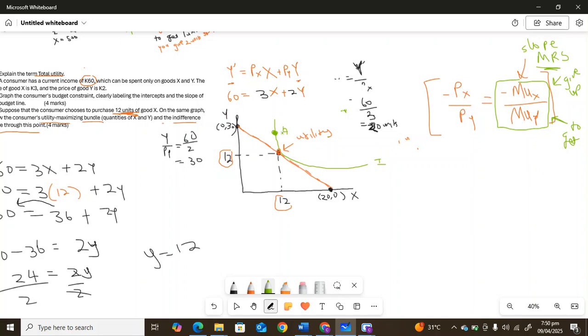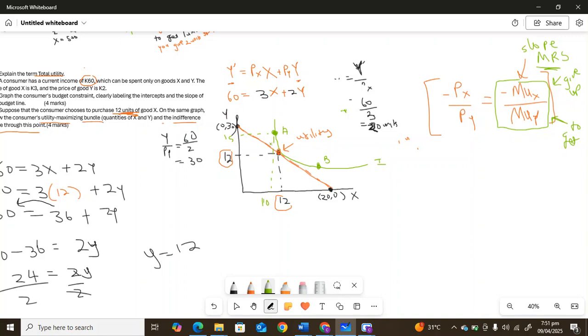Okay, you have point A, point B. So let's say at point A, this is 15 and this is 10.